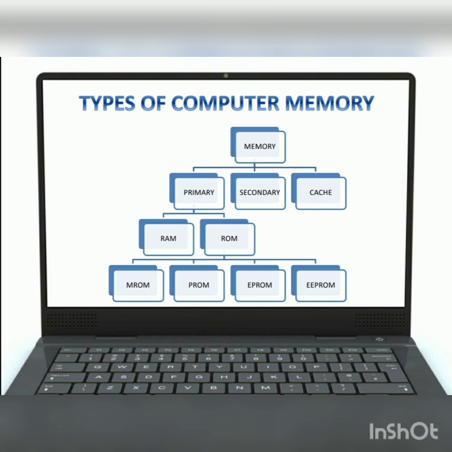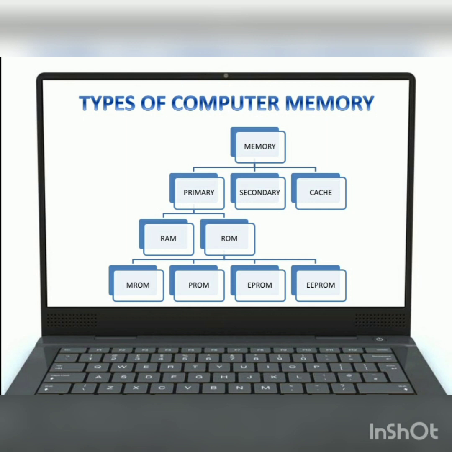First is primary, second is secondary, and the last one is cache memory. Kids, you are able to see that primary memory is further divided into 2 categories. First is RAM, that is random access memory, and the second one is ROM, that is read only memory.